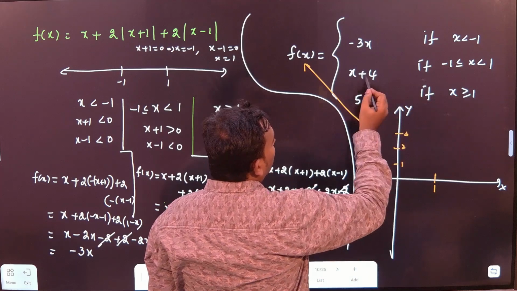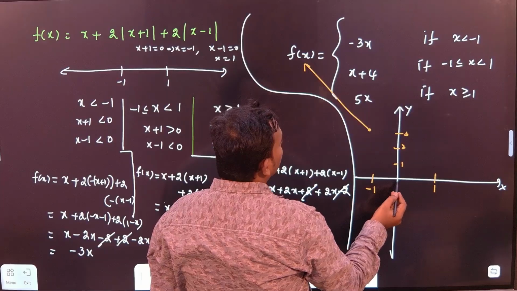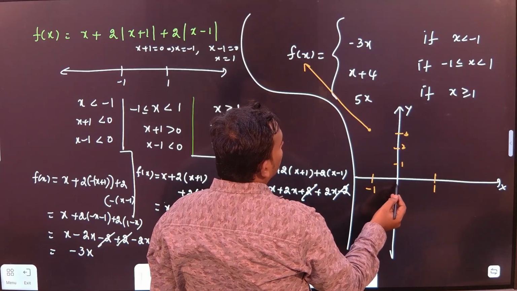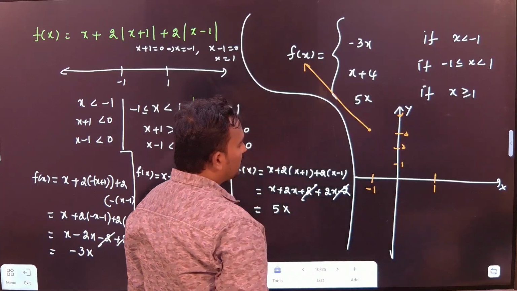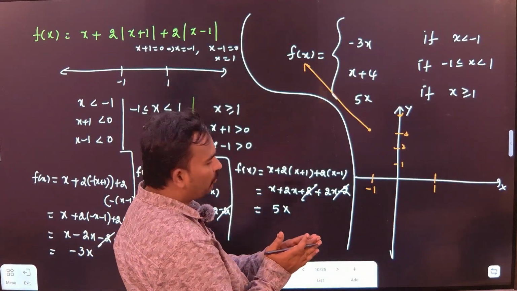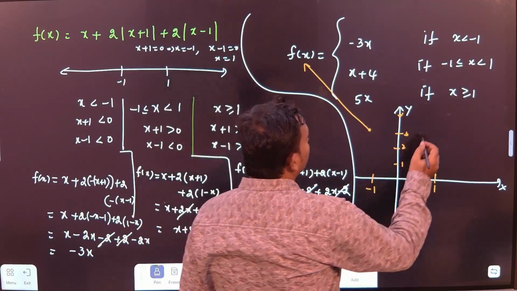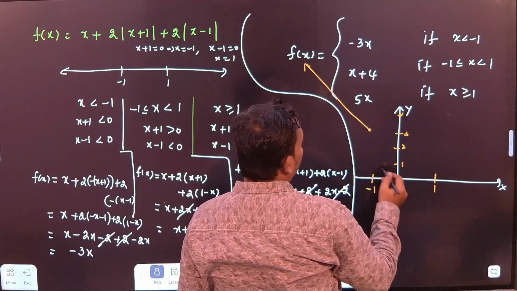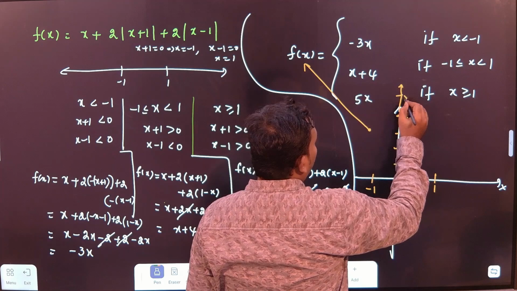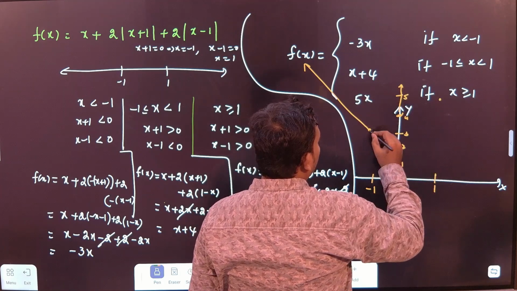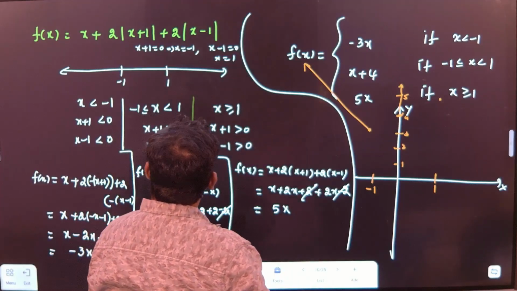When you put minus 1, it is plus 3, right? When you take 0, that means 4, right? This is 4. Just y is equal to x, with positive slope, shifted 4 units up. If you put 1, 5. Okay, minus 1, yes, correct only.